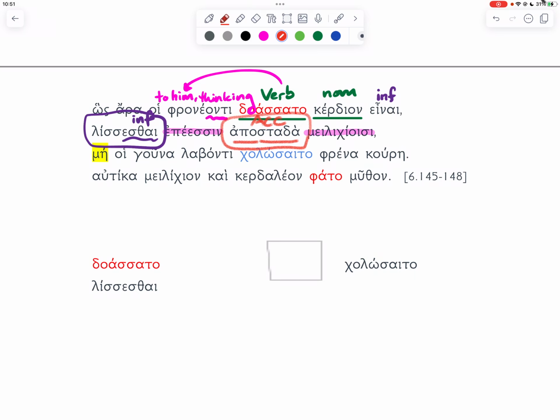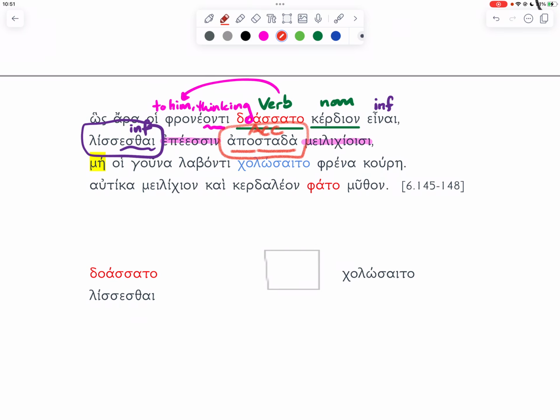And hopefully you can see apostada is the same word we had in the passage above. And why did it seem better for him to do that than to grasp her by the knees? Now we get this introduction, may.